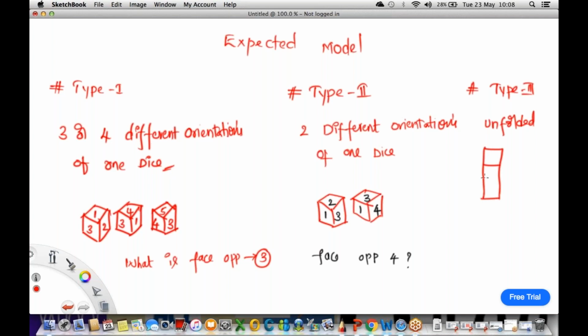So this is a dice, and you just mention the information like this. So this is 6, and this is 2, and this is 3, and this is 1, and this is 5, and this is 4. So now he will ask what is the face opposite to the 1.